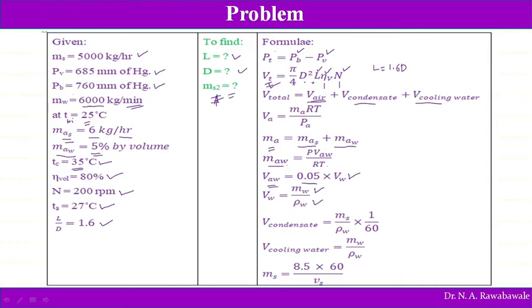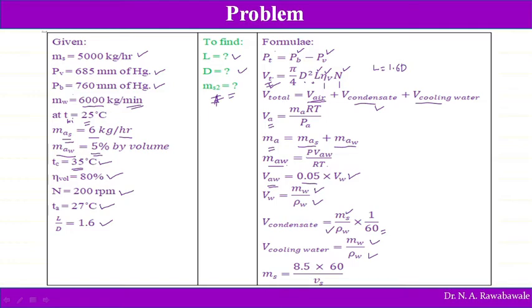So now condensate volume is equal to mass of steam divided by density of water, into 1 divided by 60 because it was given in per minute. So this is to be divided by 60 to convert it into per hour. So volume of cooling water: mass of cooling water we know, density of cooling water we know, we get volume of cooling water. So substituting this volume of cooling water, volume of condensate, then volume of air, VA, calculated by this, we get total volume.